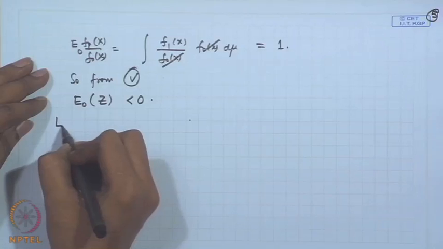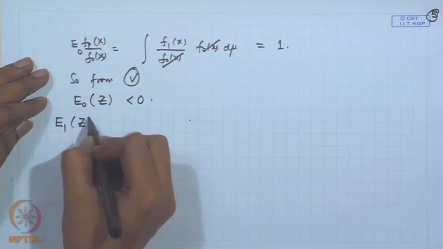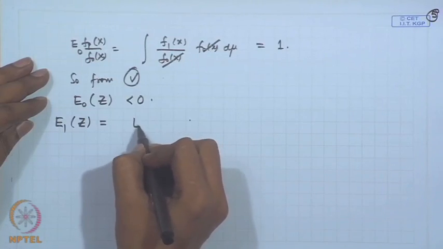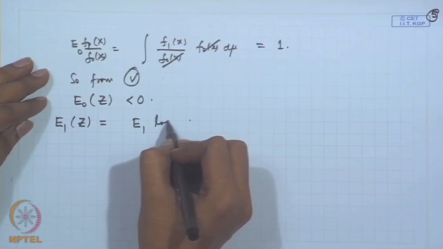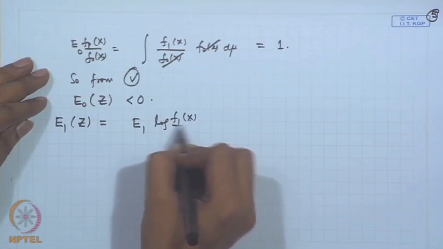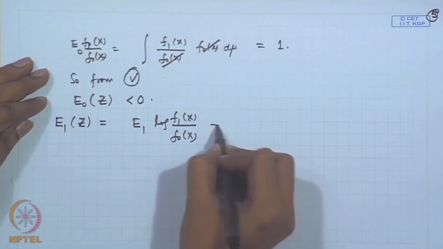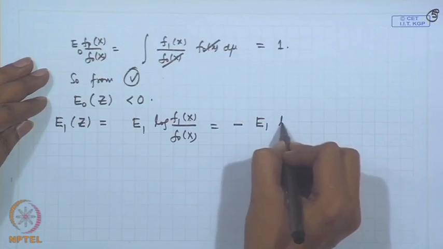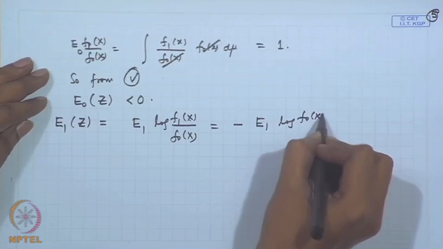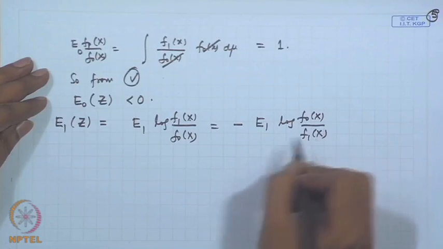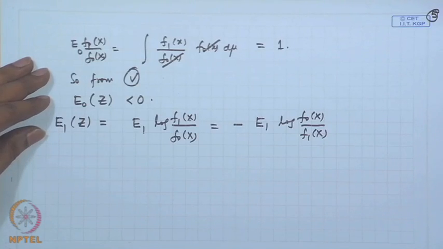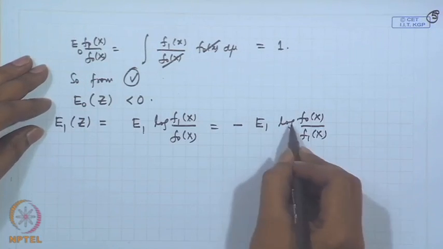Similarly, let us consider, say, E 1 z. Now, E 1 z is equal to E 1 of log of f 1 by f naught, which we can write as minus E 1 log of f naught by f 1. Now, minus log is convex.